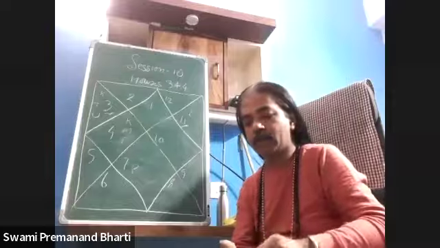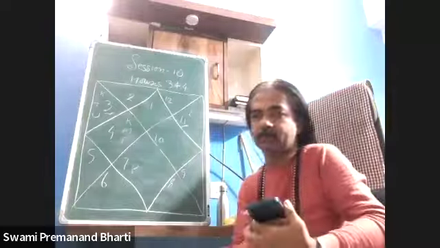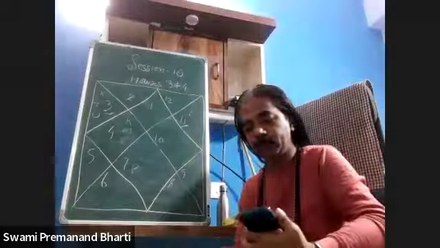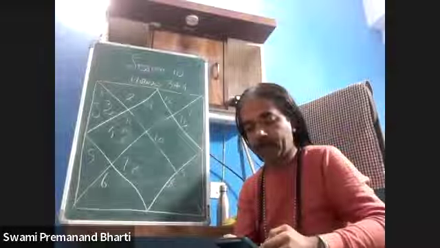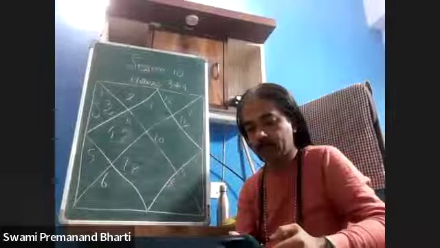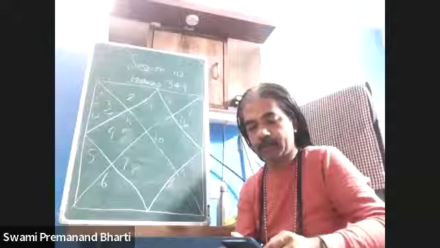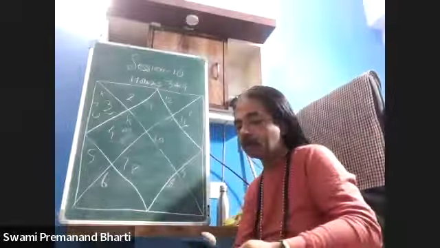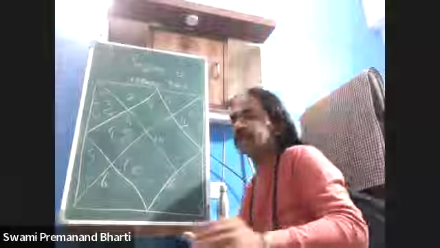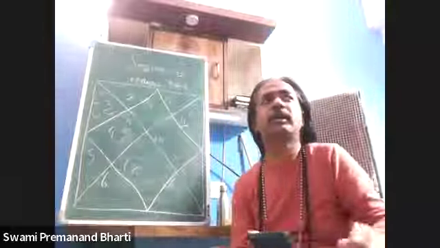Kendra house, moksha house, and tamasic house. The fourth house represents everything which is somehow related with mother and home.